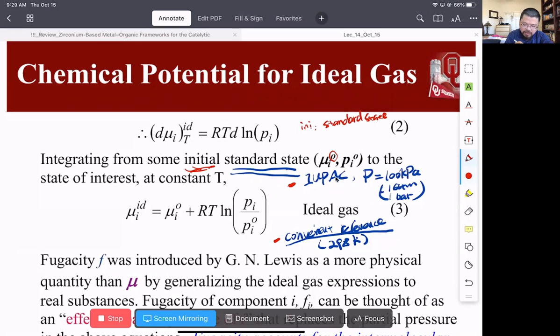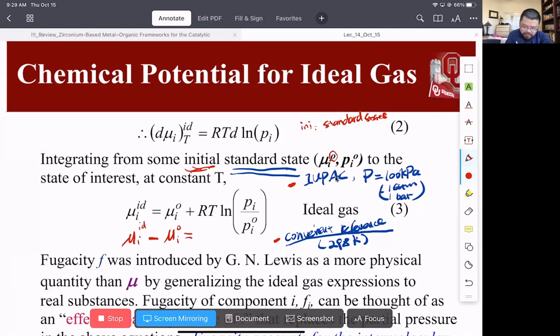Then to the left-hand side, that should be the chemical potential of the ideal gas. It's coming from this standard state.